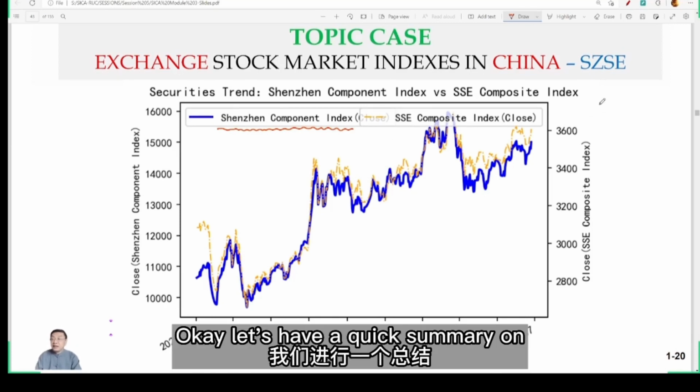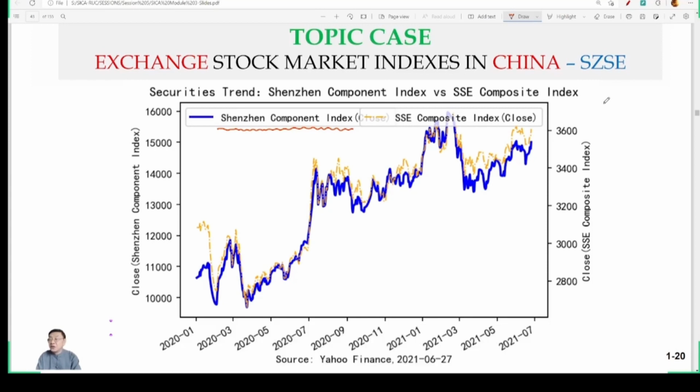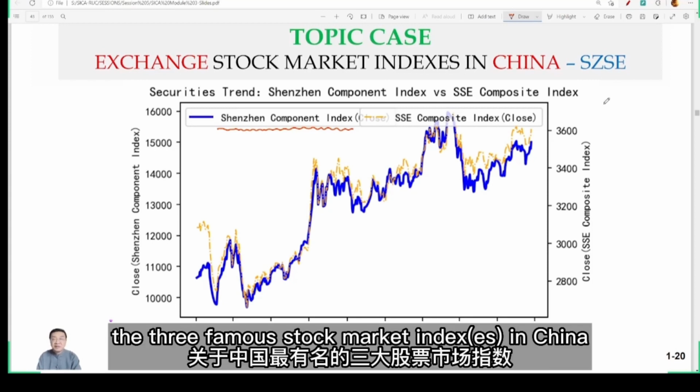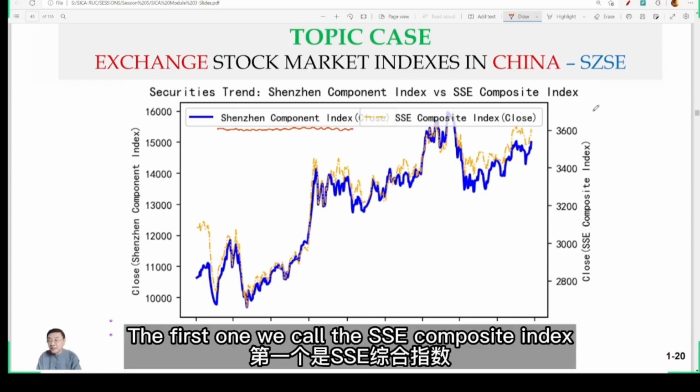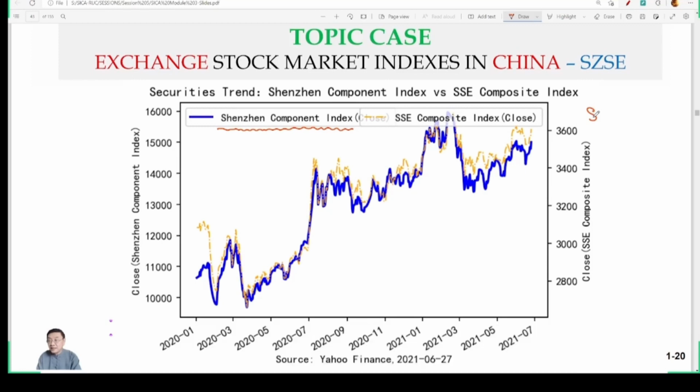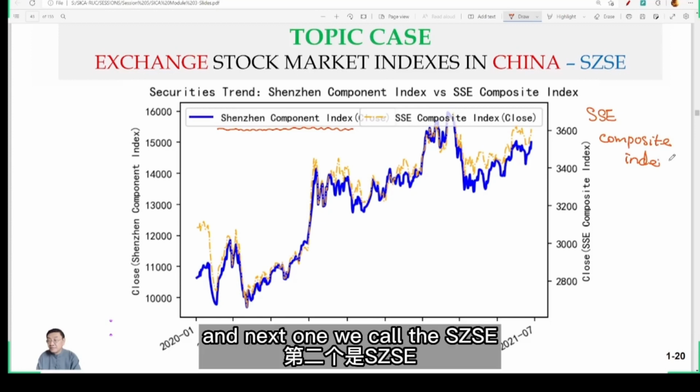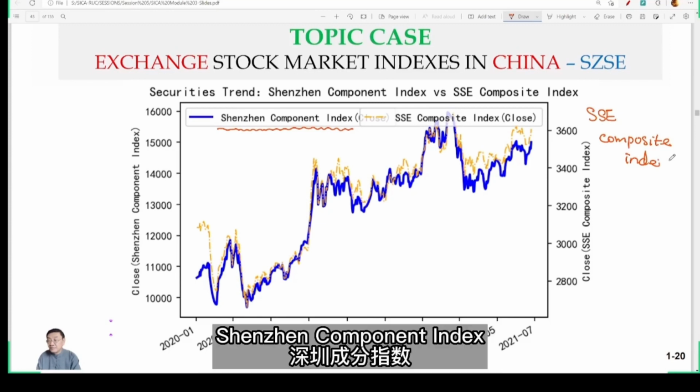Let's have a quick summary of the three famous stock market indexes in China. The first one we call the SSE Composite Index. The next one we call the SZSE Shenzhen Component Index.